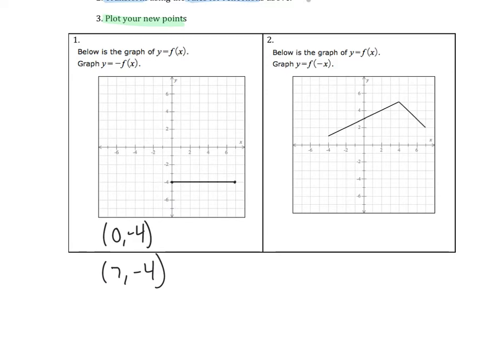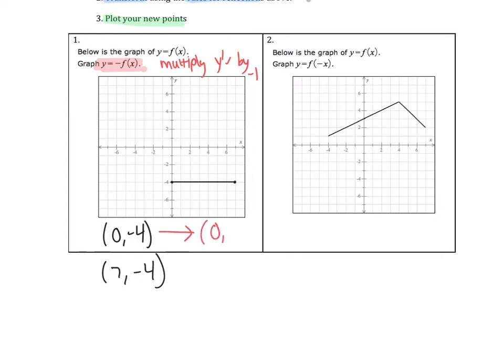Okay? So notice that they want us to graph y equals -f of x, which is a transformation or a reflection over the x-axis. So remember, that tells you to multiply the y's by -1, okay? So if I transform these two ordered pairs, I'm going to multiply the second number by -1.